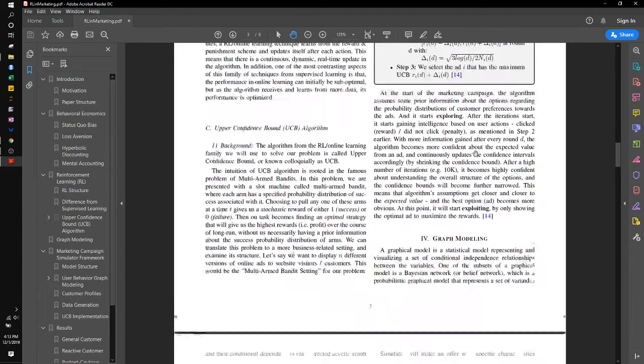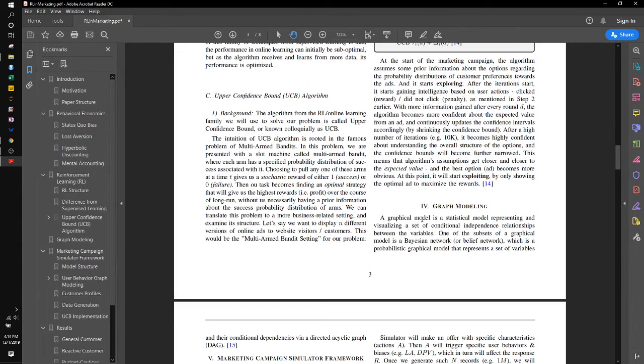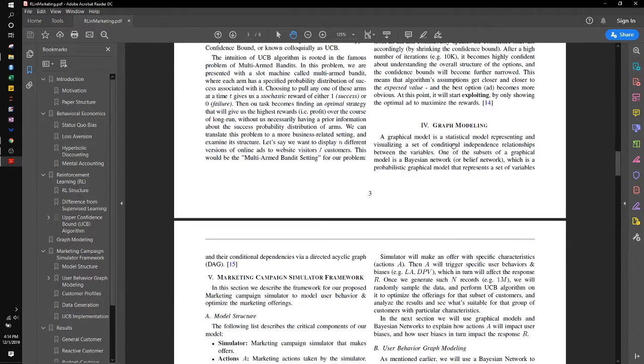We describe all of this here, and then we give a quick introduction to graph modeling, or how we were connecting all of our probability distributions across actions and states in our model through a belief network or a Bayes network.